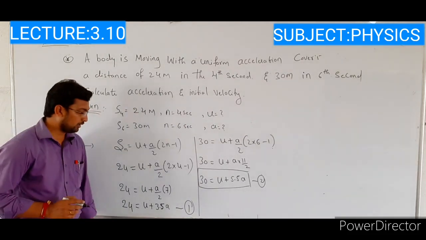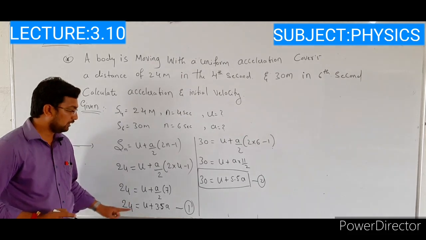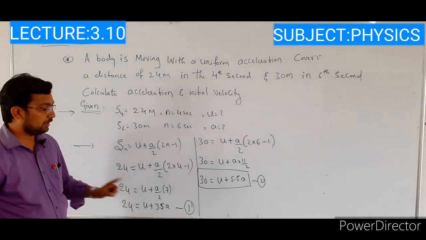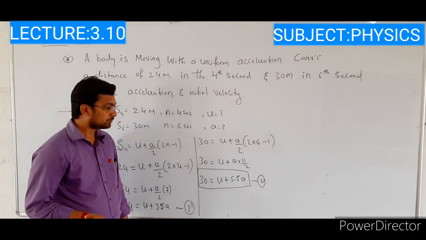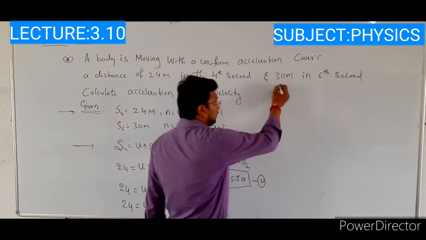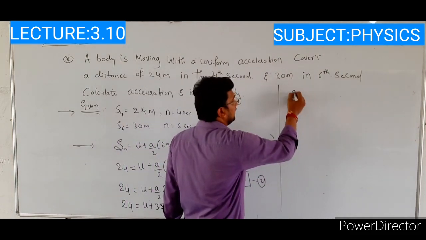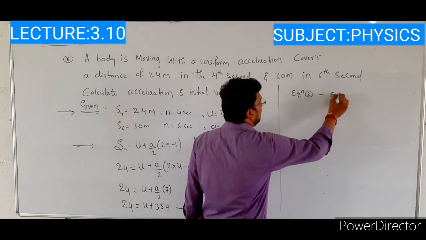Then we are going to solve equation number 1 and equation number 2. Then we will get the initial velocity value. So in this case we are going to subtract equation number 1 from equation number 2. Okay, see here, equation 2 minus equation 1.